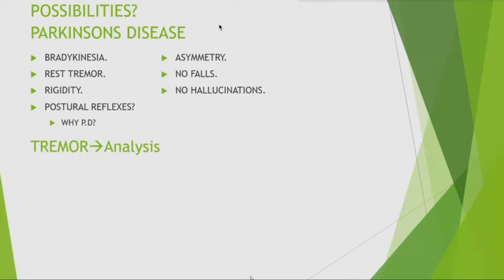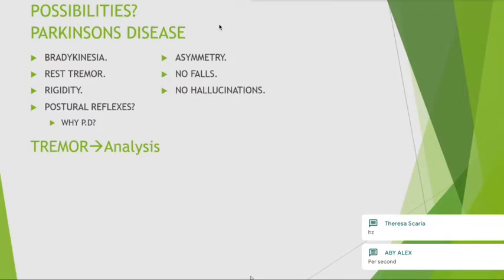Yes, what else do you want to know in the analysis of tremor? The frequency. Frequency, yes. But what's the unit of measurement of frequency of tremor? Hertz. Hertz, okay, that's good.